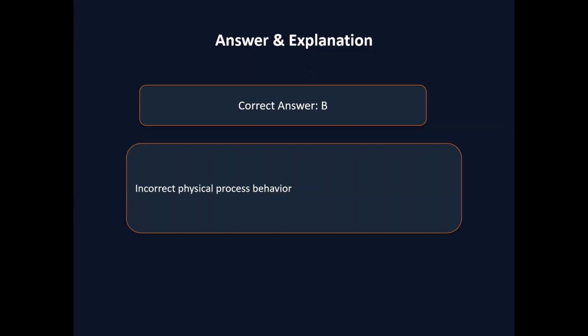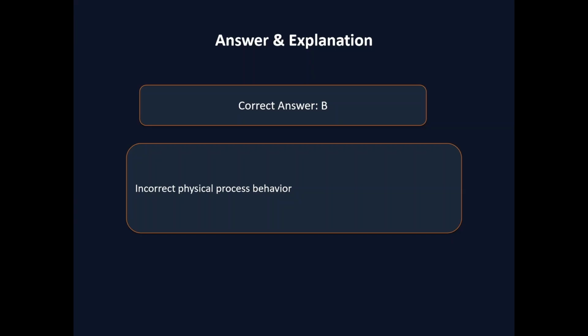This scenario highlights why integrity of control signals and sensor data is critical in industrial cybersecurity, and why OT systems must be protected differently from IT systems. So the correct answer is option B, incorrect physical process behavior.